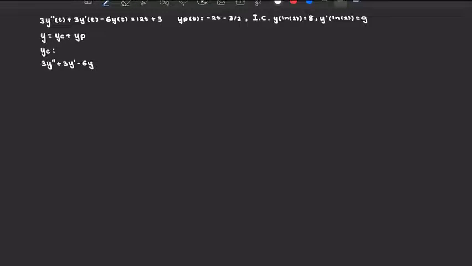What I mean by being monic is that in front of the highest degree derivative of the ODE, the coefficient must always be 1. So let's divide the whole equation by 3. So we will get the second derivative of y plus the derivative of y minus 2y equals 0.